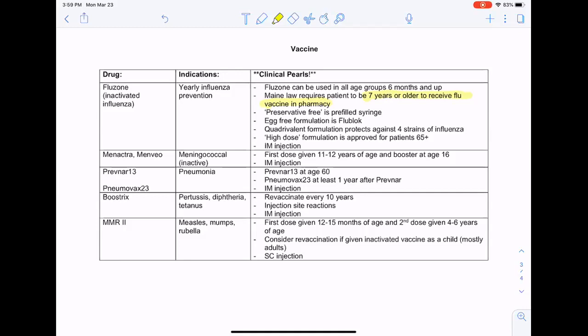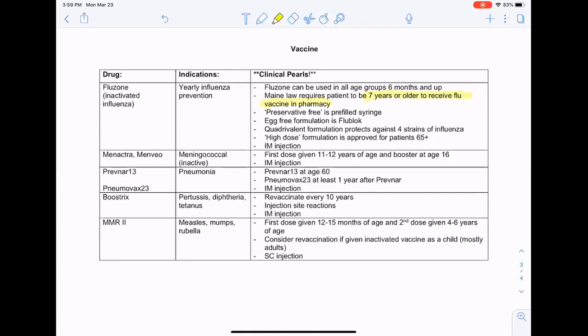All right, so it comes in preservative free, which a lot of times you'll hear people ask this, especially moms. They'll want to know before their kid gets a flu vaccine if it's preservative free. The ones in the pre-filled syringes are preservative free because they're one syringe, and you just put the tip on.